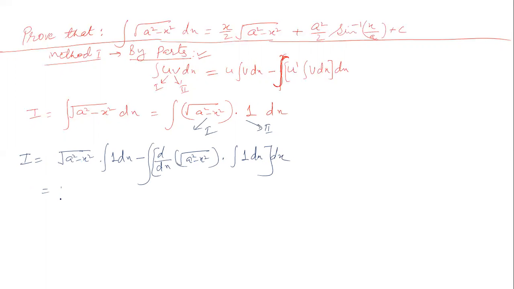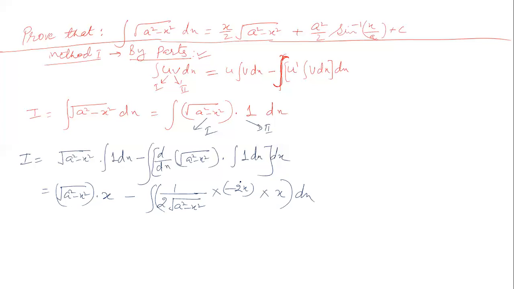Here we can find out this will remain as it is, and integration of 1 would be x, minus differentiation of square root of a square minus x square would be 1 upon 2 square root of a square minus x square into, applying chain rule, minus 2x into integration of 1 would be x and dx.